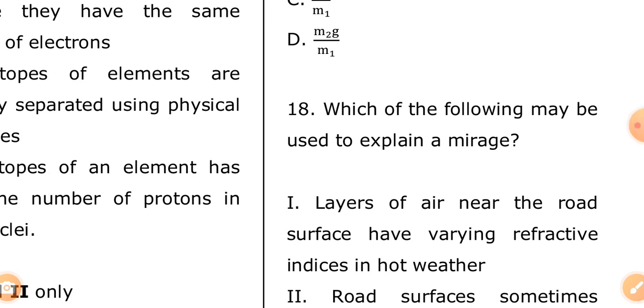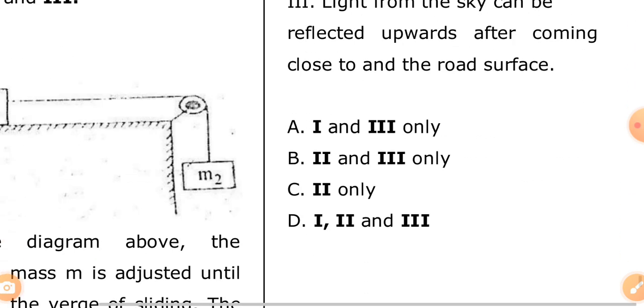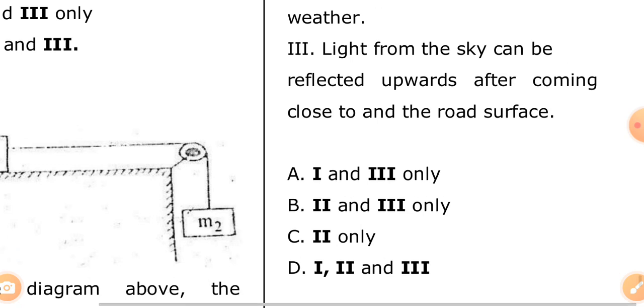I, layers of air near the road surface have varying refractive indices in hot weather. II, road surfaces sometimes become good reflectors in hot weather. III, light from the sky can be reflected upward after coming close to the road surface.